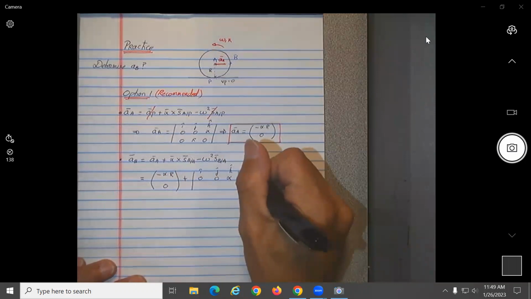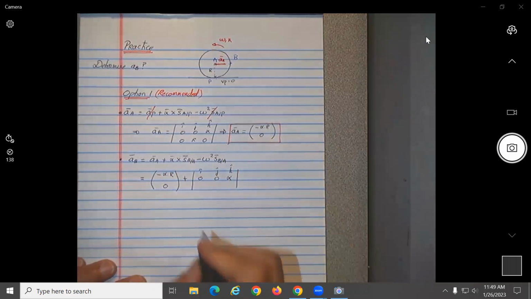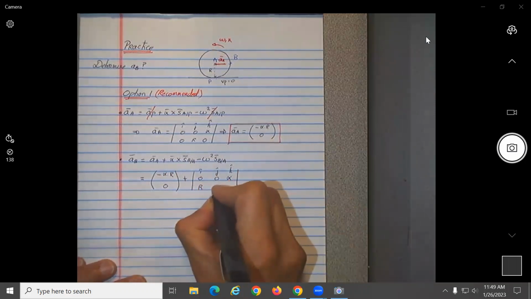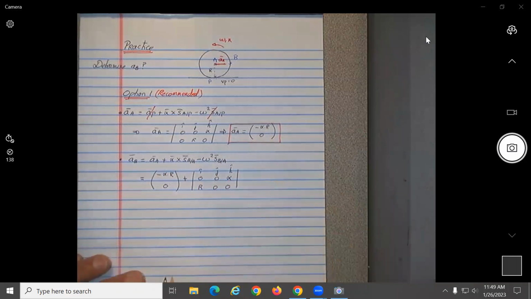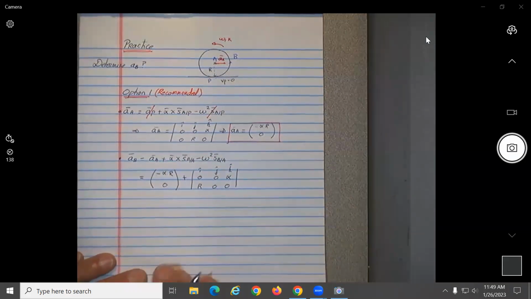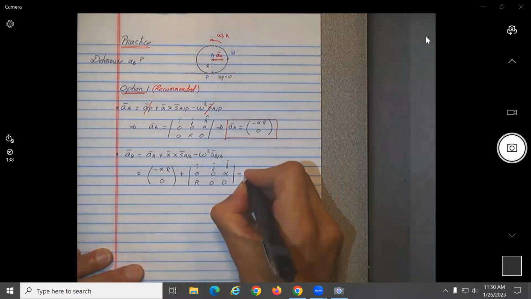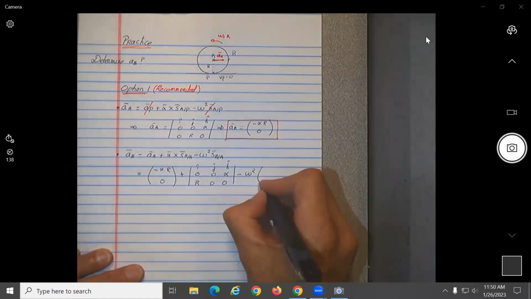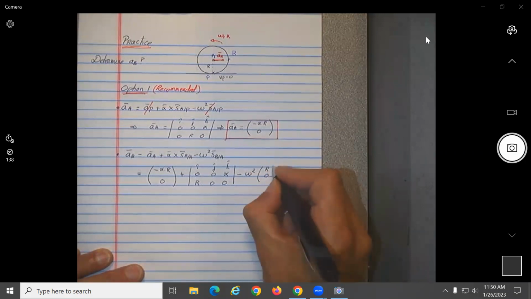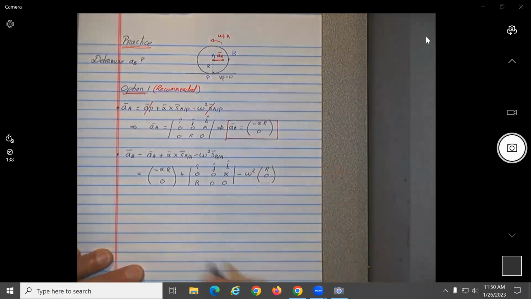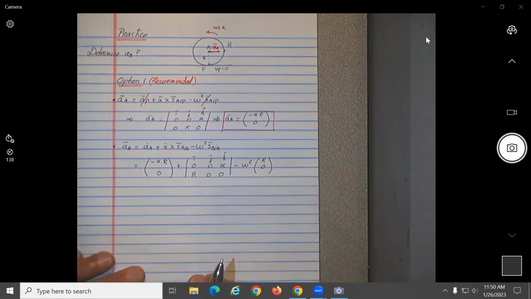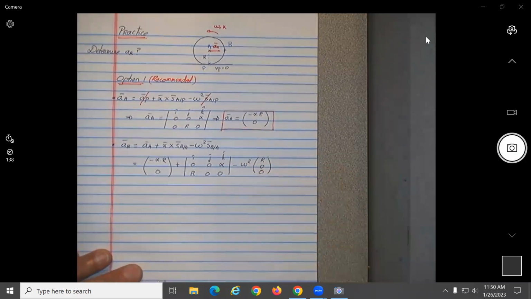And what is the position of B with respect to A? R, 0, 0. Minus omega squared times R, 0, 0.